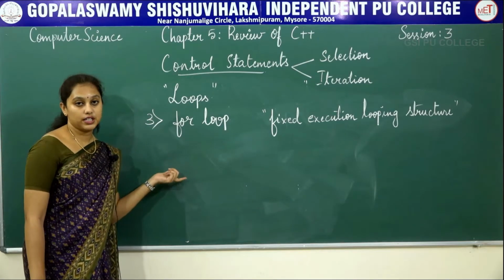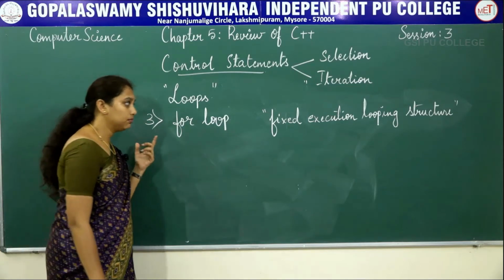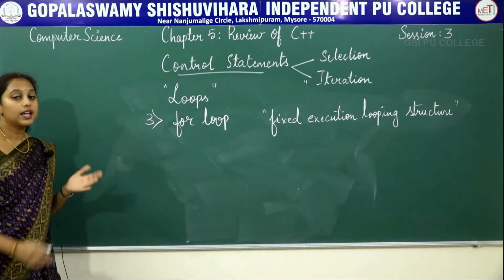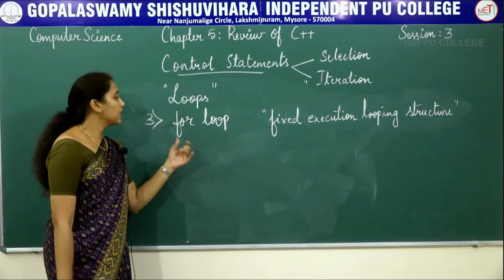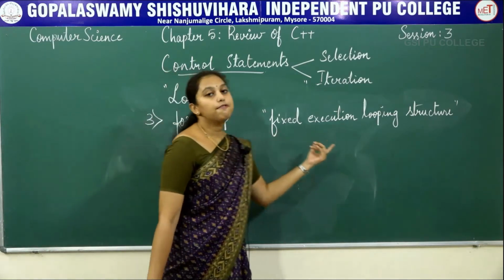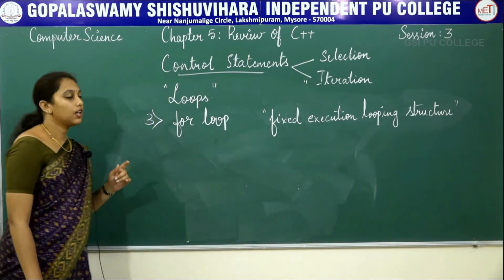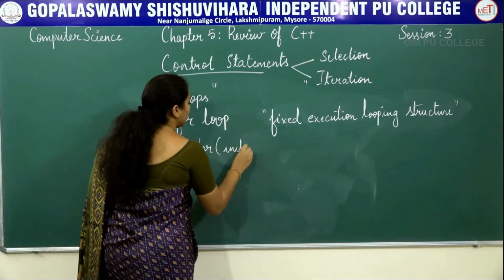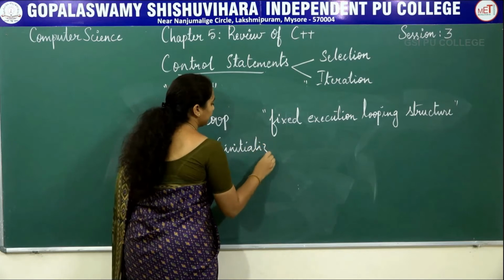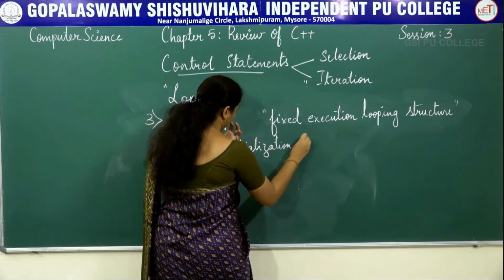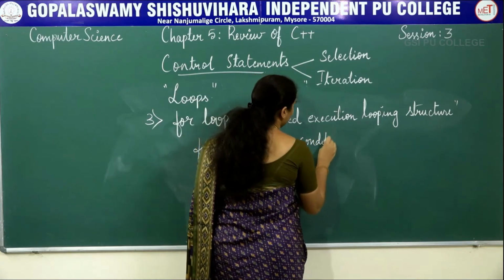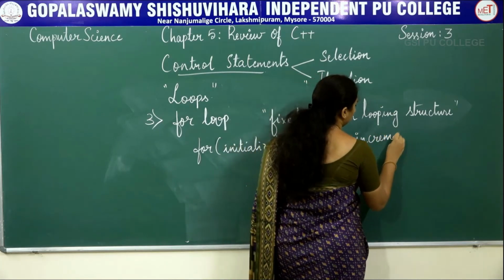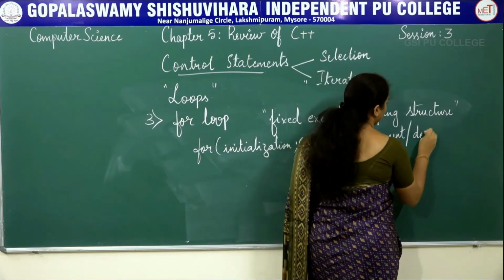Why it is called as fixed execution looping structure? In advance we know how many times the loop has to get executed. In that condition we use this for loop. Hence it is called as fixed execution looping structure. The syntax for for loop is for initialization, condition, increment or decrement.